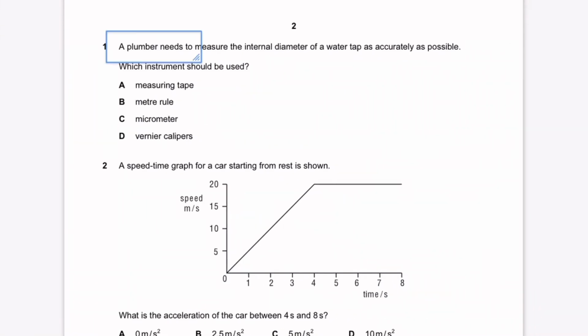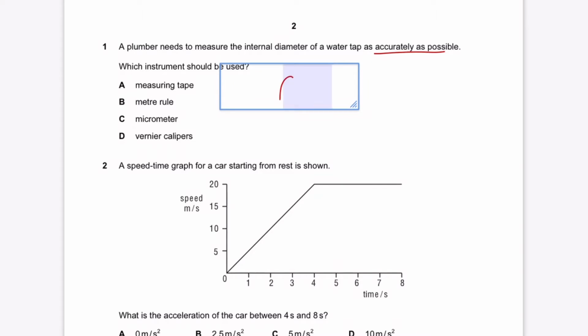Question 1. A plumber needs to measure the internal diameter of a water tap as accurately as possible. Let's underline that. Which instrument should be used? Let's go through one by one. A. Measuring tape. Wait, hold up. A water tap is something like this, just in case some of you don't know.